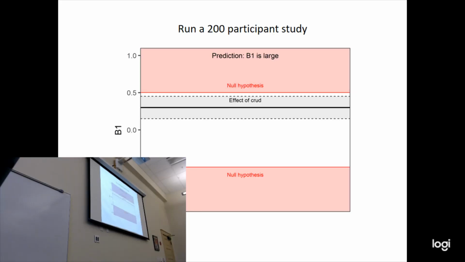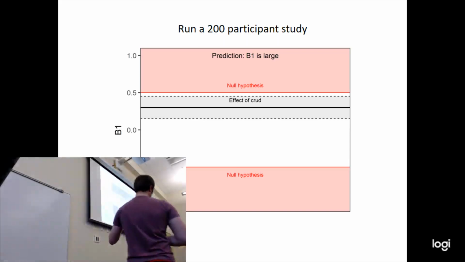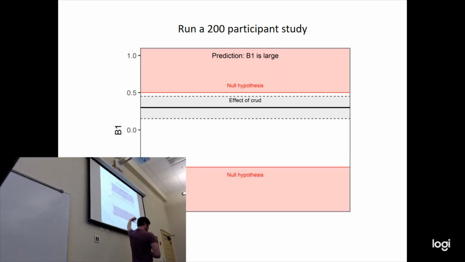And if I do that, and the effect truly is either 0 or a small value caused by CRUD, then the more data I gather, the easier it's going to be to reject that hypothesis, the more severe my test is going to be.